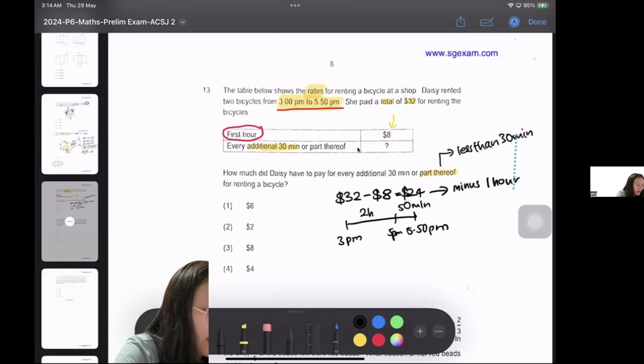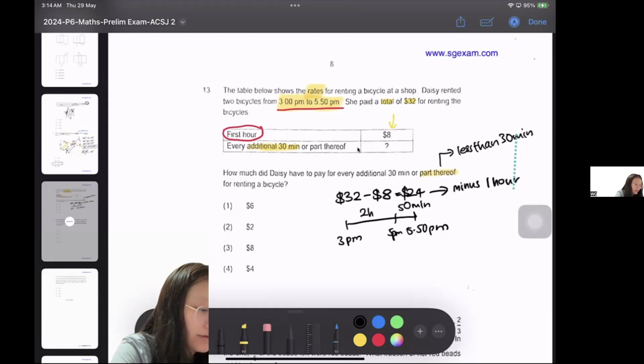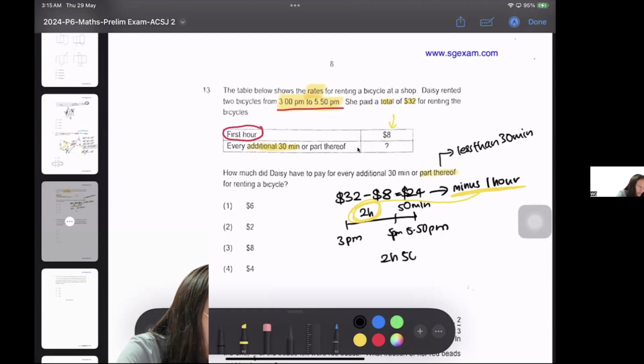So now what you need to do is minus off this 1 hour from the 2 hours over here. So if you minus off the 1 hour from 2 hours 50 minutes, the remaining time equals only 1 hour and 50 minutes.